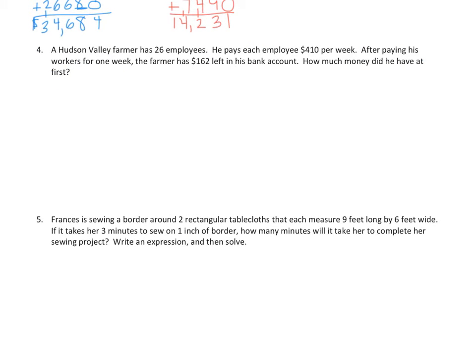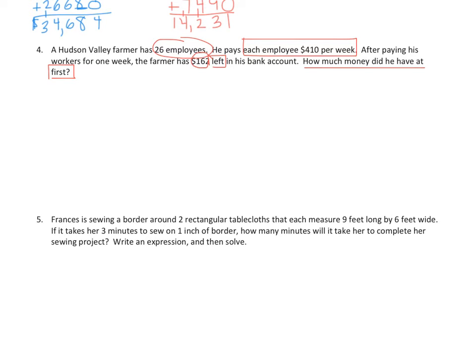We got a Hudson Valley farmer has 26 employees. He pays each employee $410 per week. After paying his workers for 1 week, the farmer has $162 left in his bank account. How much money did he have at first? So there's that word first.